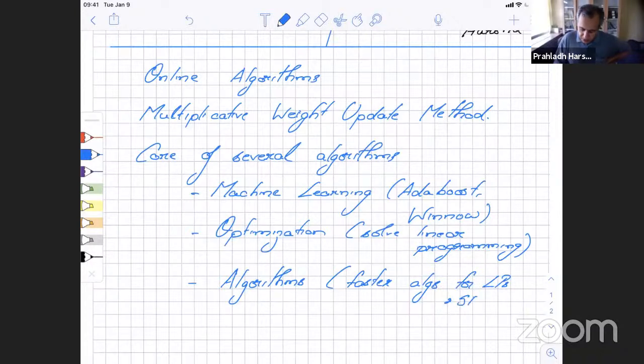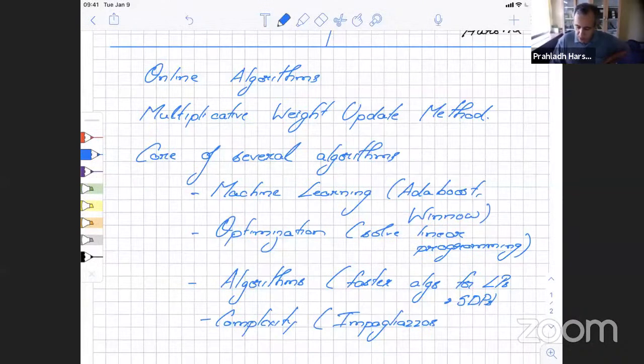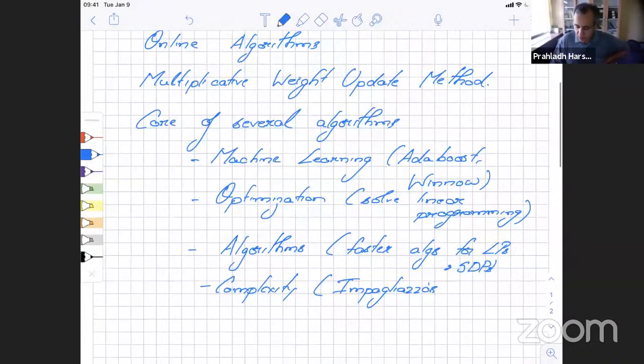In the complexity community, this was used by Impagliazzo in the proof of the hardcore set lemma. This is something which we already saw last time.